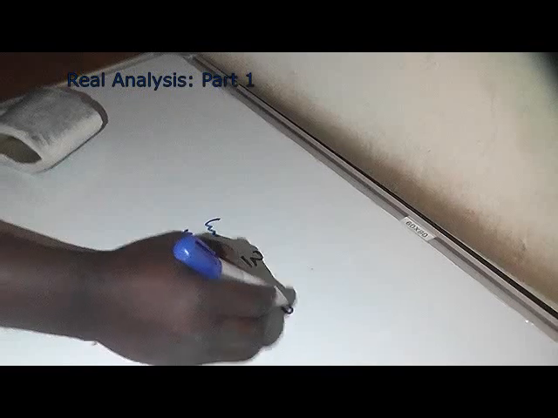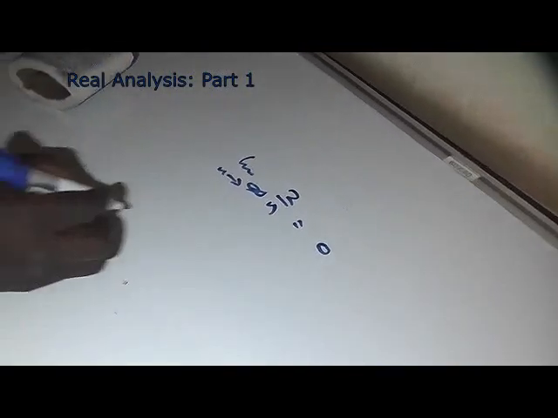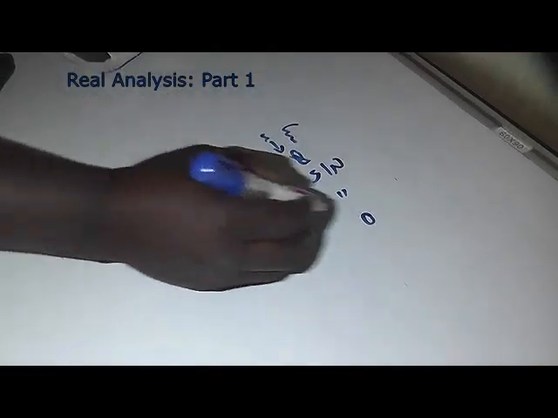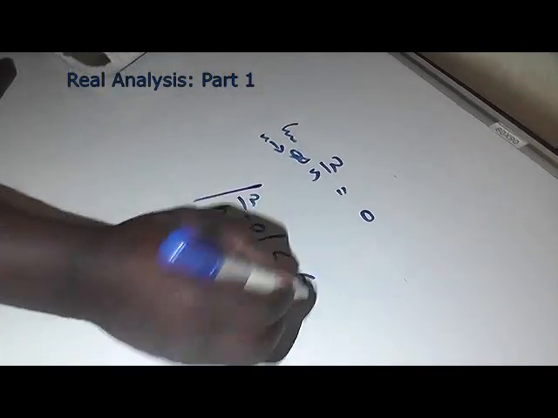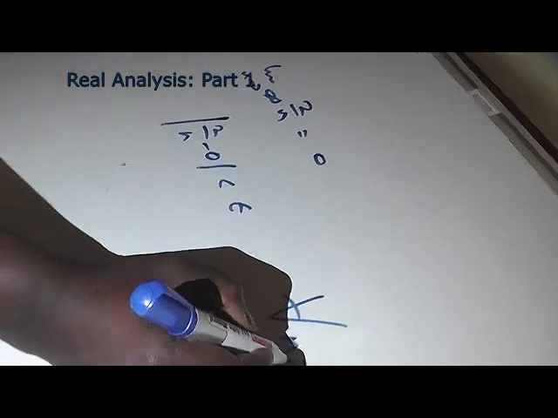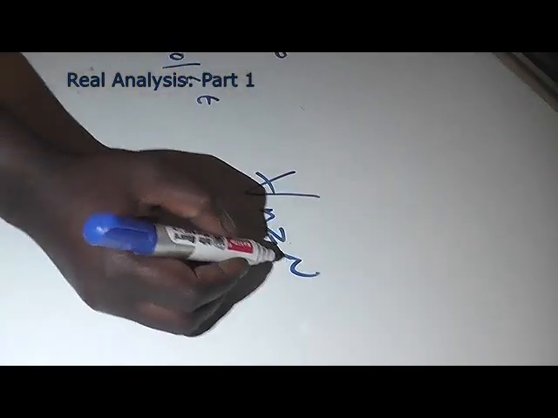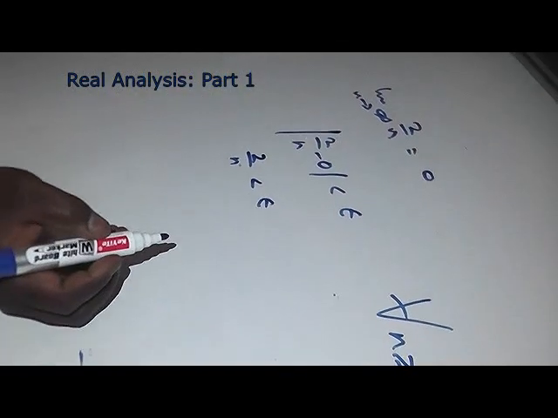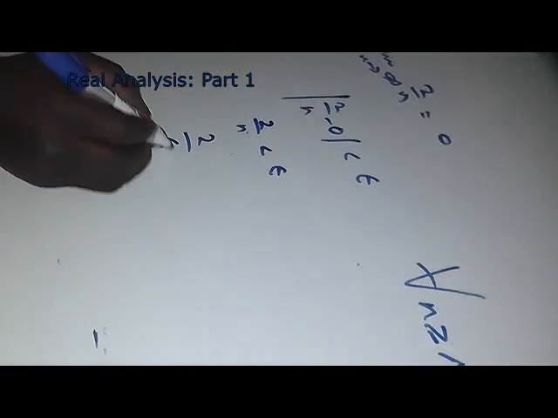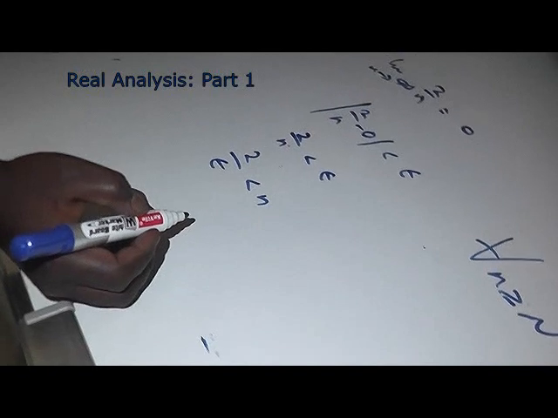2 over n, limit as n tends to infinity. Prove that this is 0. Now, if we use the definition, we say the absolute value of 2 over n minus 0 is less than epsilon, and look for all n bigger than or equal to N. Now since n is positive, this is less than epsilon, meaning that 2 over epsilon is less than n.